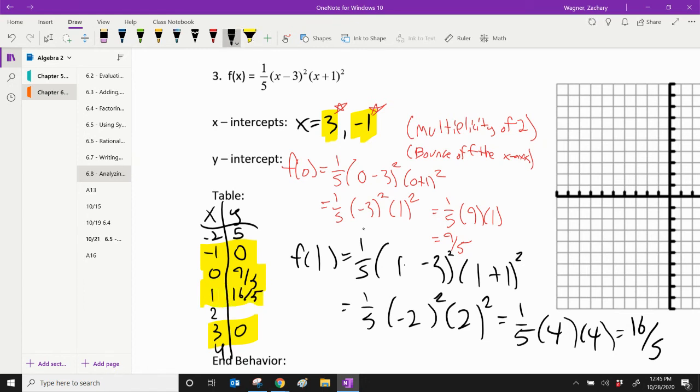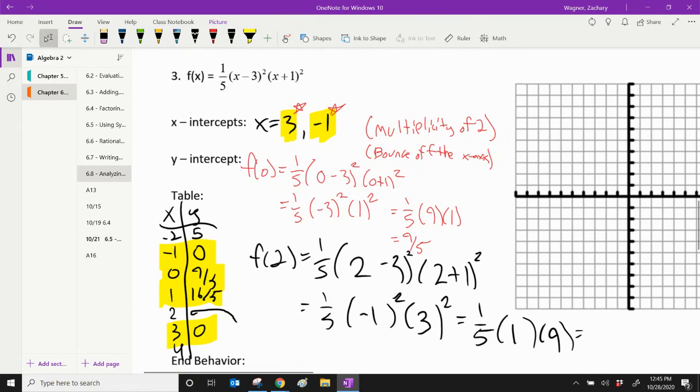Continue on. F at 2. 2 minus 3 is negative 1. 2 plus 1 is 3. Negative 1 squared is 1. 3 squared is 9. This equals 9/5. We are almost there.